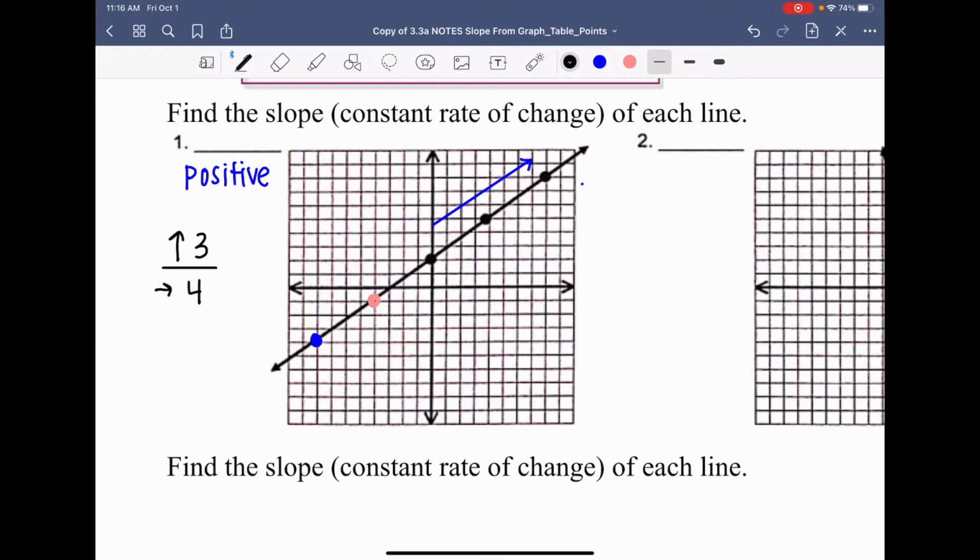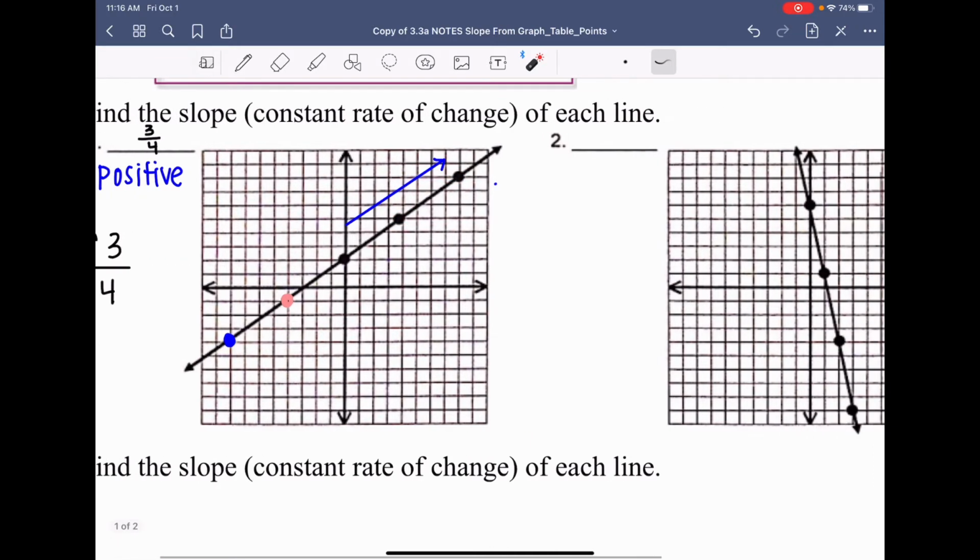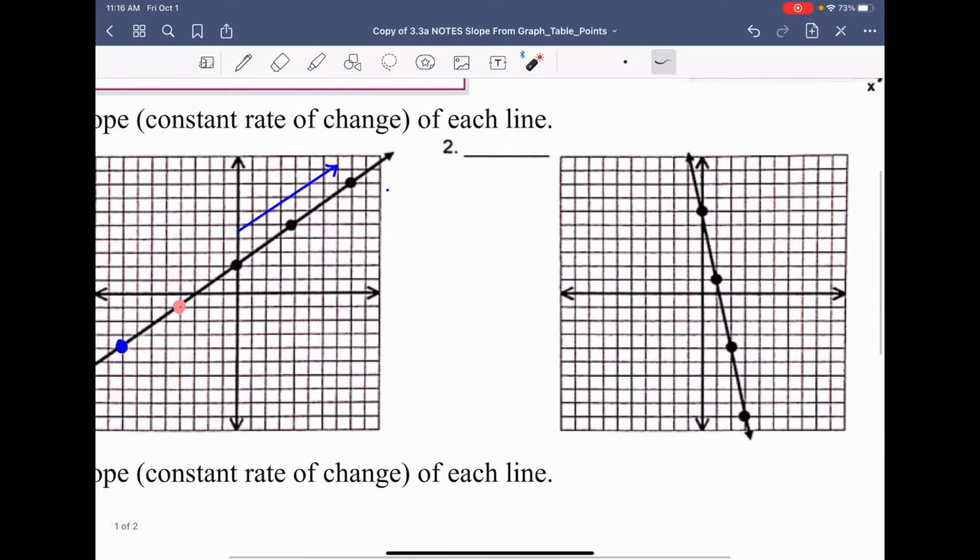My slope is I rose 3 and ran 4. So my slope is 3 over 4. And if you wanted to double check, every point goes up 3 to the right 4. From this point, I go up 3 to the right 4. Up 3 to the right 4. So it's consistent. It's a constant rate of change.